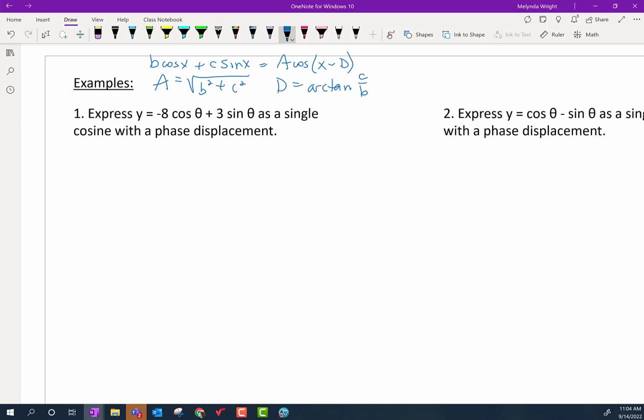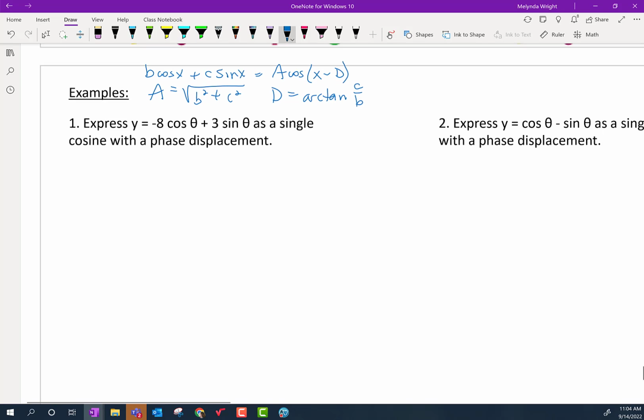Now I want you to notice the way that the functions are lined up with the cosine in front and the sine in the back. There is an example on your homework where they are flipped. You just need to rewrite it with the cosine in the front and the sine in the back.